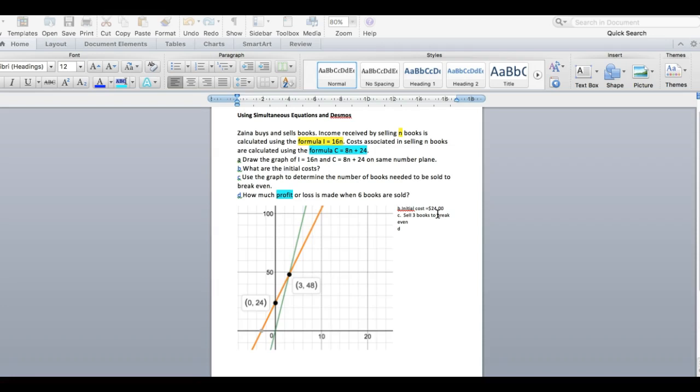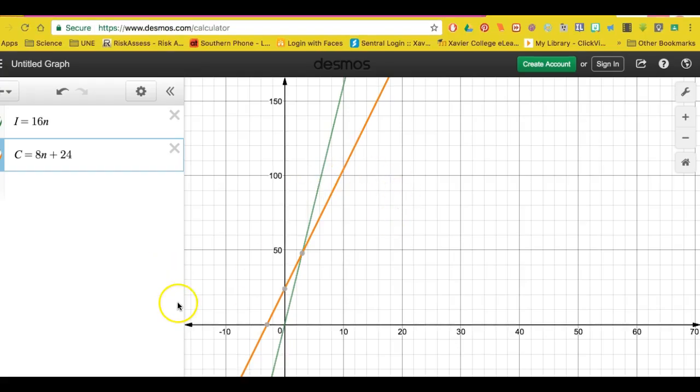Then our final question is, how much profit or loss is made when 6 books are sold? I'm going to go back to our DESMOS graph by this stage. Now remember, my income is the green graph, so that's the one I want to read when I'm looking at my profit and loss. So 6 books are 2, 4, 6 books.